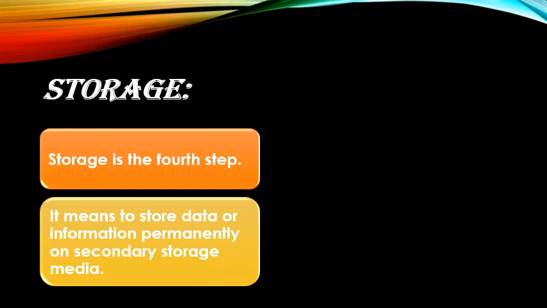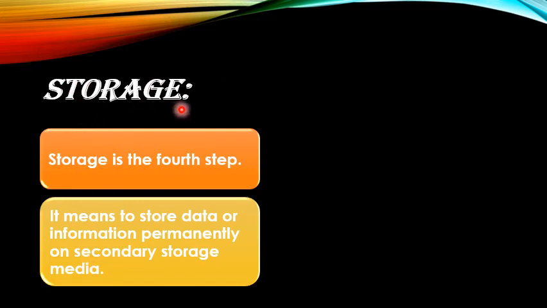Here comes the last step of the working of a computer, and that is storage. What is it? Storage is the fourth step, as we know. It means to store data or information permanently on secondary storage media. How?